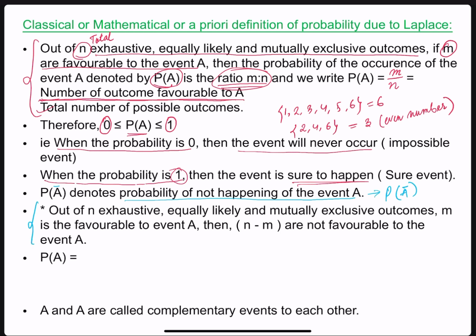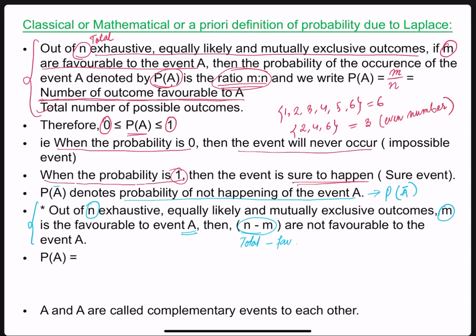You have to put the bar. Now, how does the definition say so? Out of n exhaustive outcomes, that means out of total outcomes, m is favorable to event A. Then how to find out which is not favorable to event A? You have to subtract n minus m, that means total outcomes minus favorable outcomes.